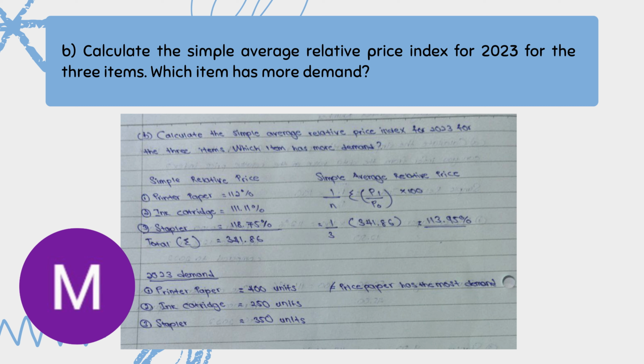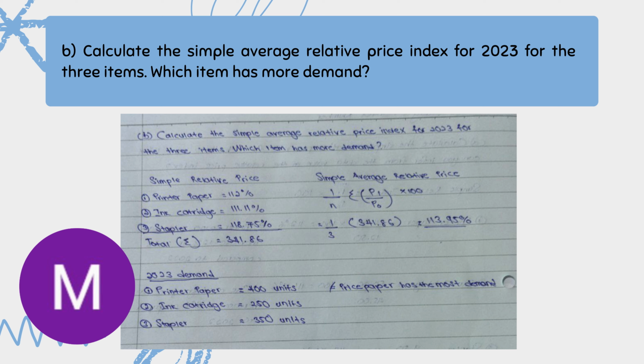So 341.86% divided by 3, and we got the average relative price index of 113.95%. And which item has more demand?